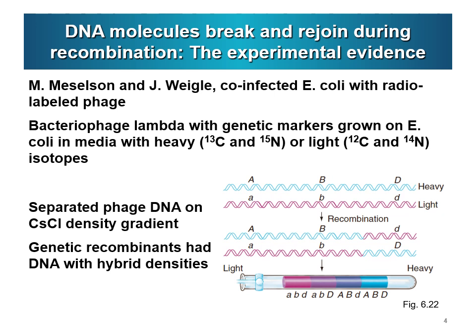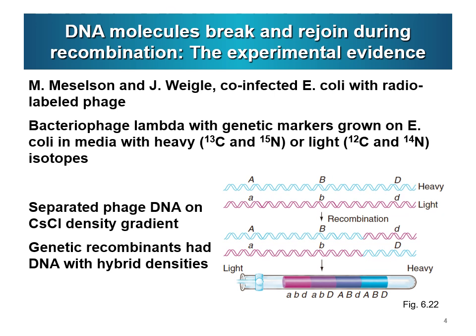Apparently, there is experimental evidence, and if you recall from two classes ago, we talked about an experiment tagging molecules with heavy or lighter isotope labels. Here, Meselson and Weigle did the same type of experiment, where they co-infected E. coli with bacteriophage lambda carrying genetic markers that had heavy C13 and N15 or light C12 and N14 isotopes, and they looked at the results in a cesium chloride density gradient, detecting the DNA.